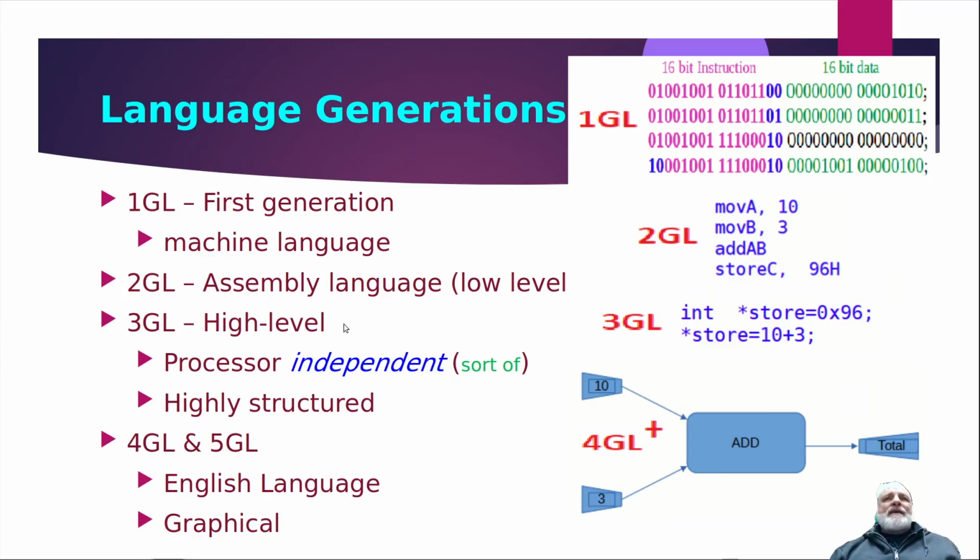So the idea then was to come up with what they call high-level or processor-independent programming languages. And the first of these was actually C. The C programming language was, at least originally, intended to be processor independent. So you could write it in C, and then you would use what's called a compiler, which would compile it down into the machine language for each machine.